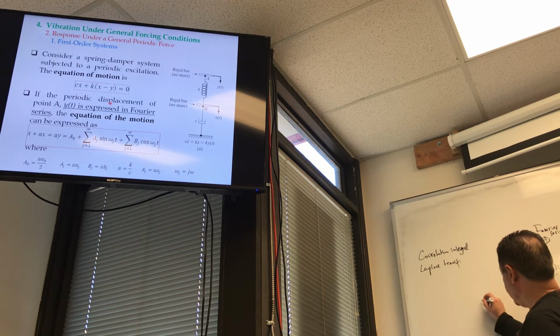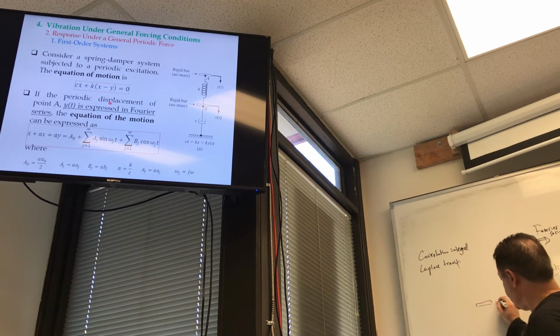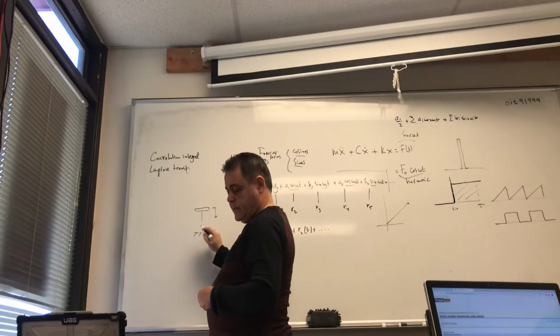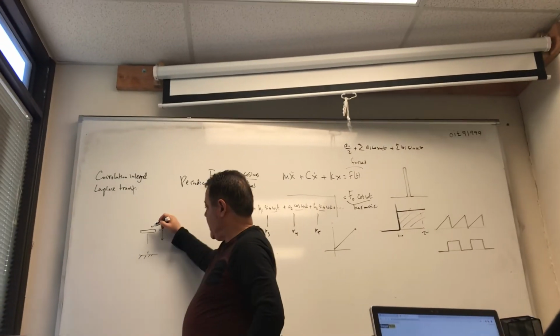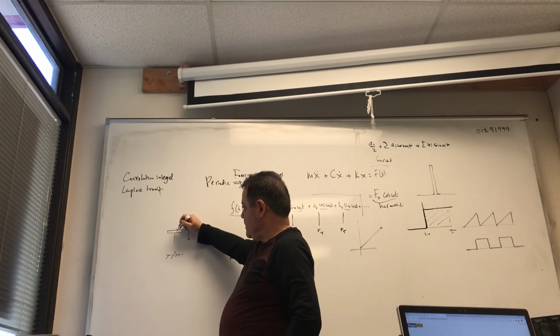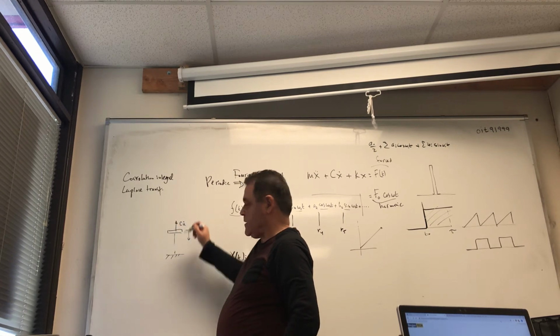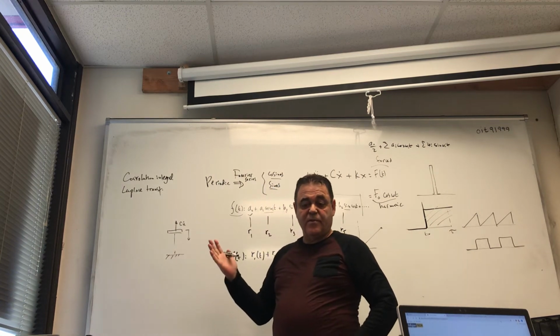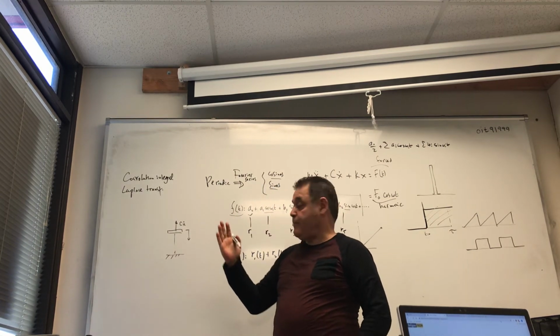In fact, if we do a free body diagram of point B, and point B is moved down a distance x, and remember, this is the ground. So what kind of forces would be acting on B? Well, if it's moving this way, obviously there will be a force acting in this direction, which is called Cx dot, because remember, it's a damper, so it always goes opposite.